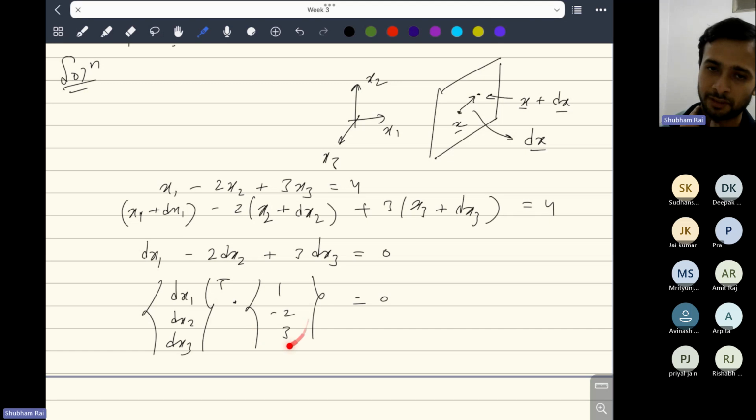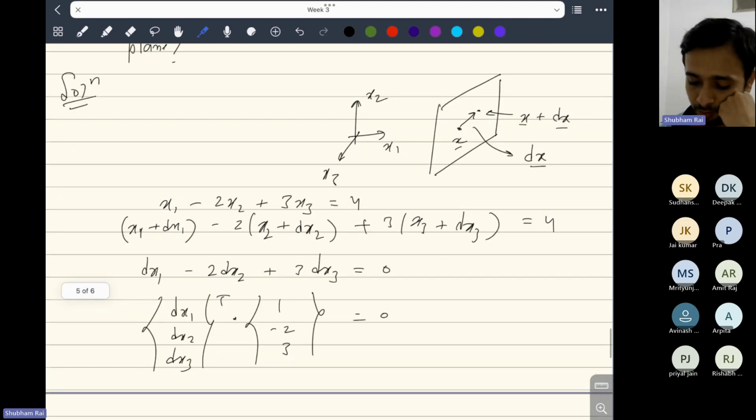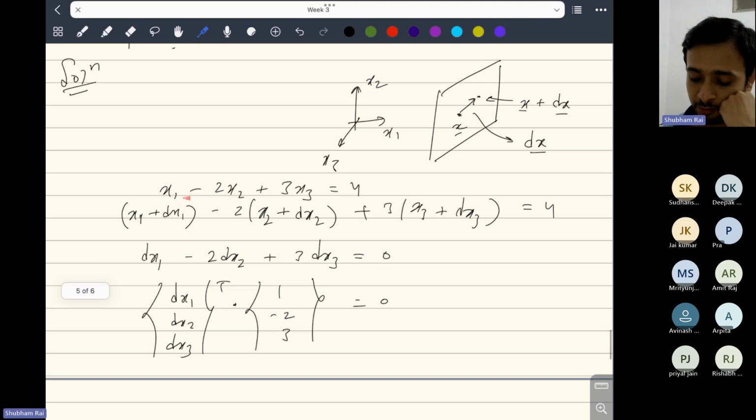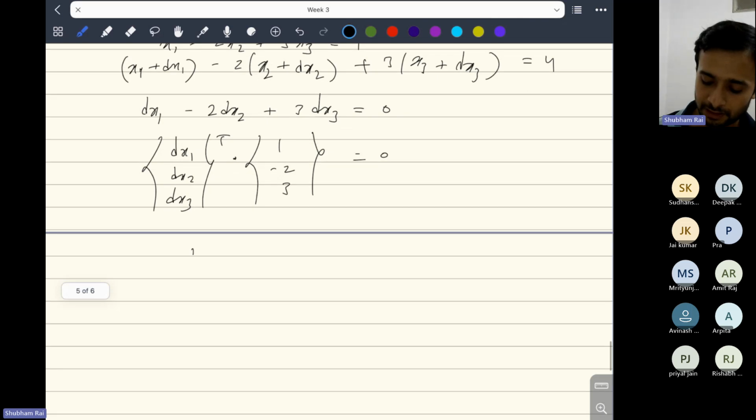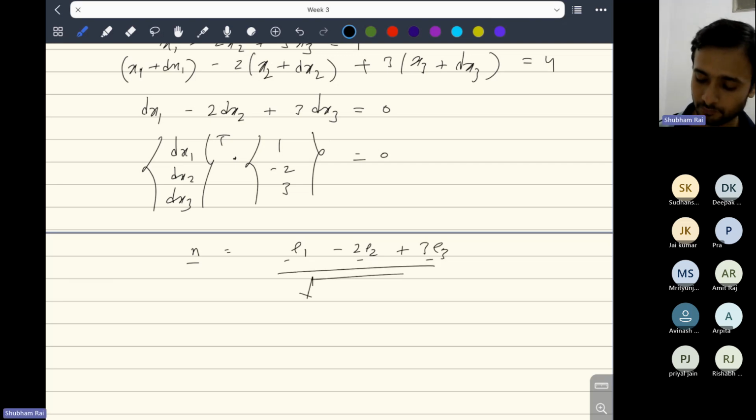So we have got this normal vector, which is perpendicular to this plane, which you could also find from the coefficients of the equation of the plane, 1, minus 2, 3. These will be the three components of this vector. But this was a kind of proof of why the coefficients are equal to the normal vector. Okay, so now your normal vector. Obviously I have to take the unit normal vector. So that will be e1 minus 2e2 plus 3e3, and I take the unit vector.